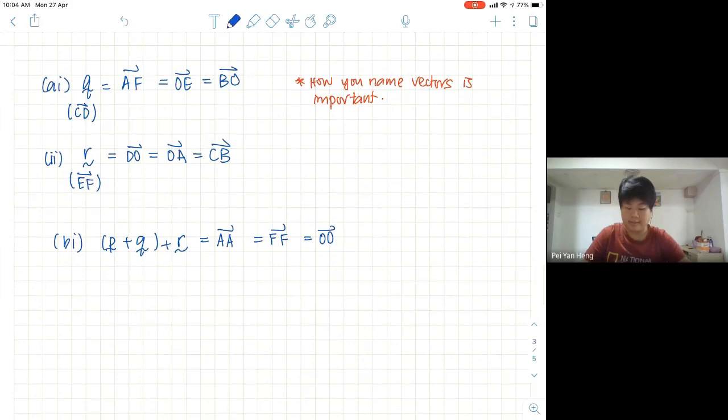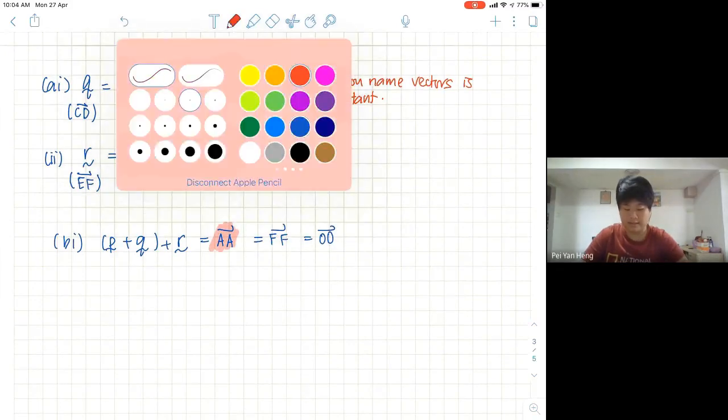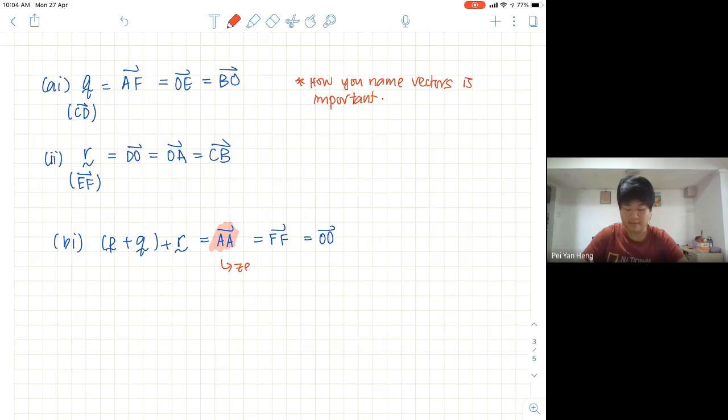Okay, so what does this mean? This is a zero vector. A zero vector means you start and end at the same point.